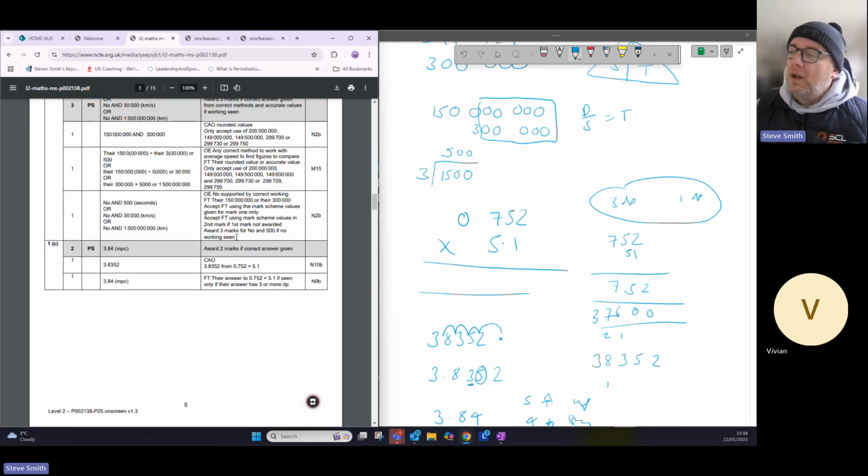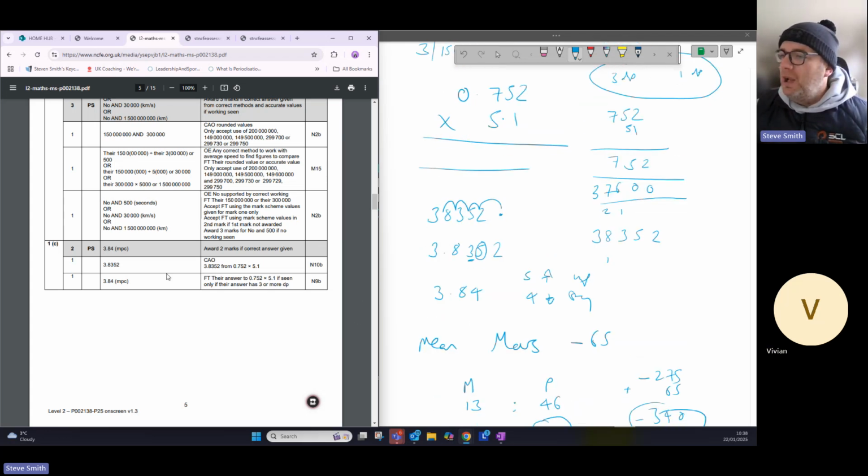Then we had the not straightforward multiplication because we had lots of decimal places in there. For me, I got rid of all my decimal places, like I did here, 3 decimal places for that number, 1 decimal place for that number. Wrote a reminder on the side to remember. 3.84, even if you leave it at 3.8352, it's still okay.